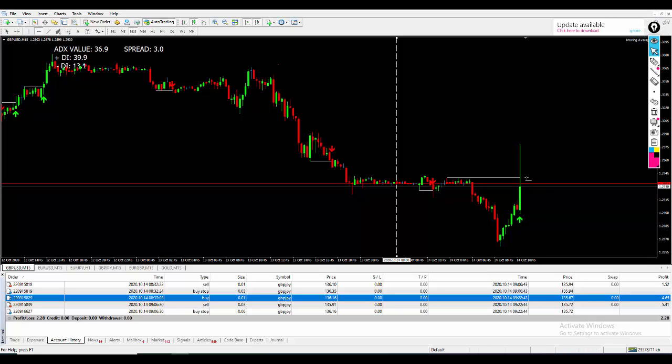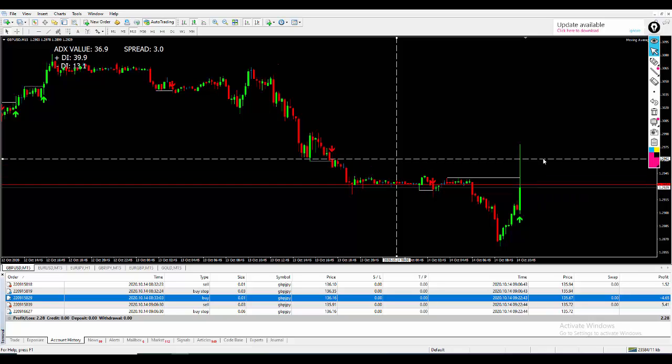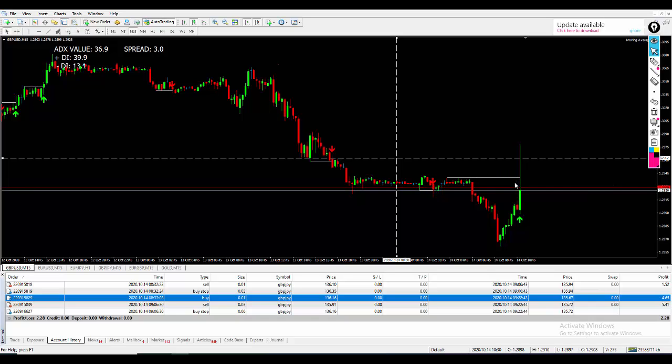Two things will make me trade it. The first thing is, I want this support and resistance that is here to be broken, which is one.